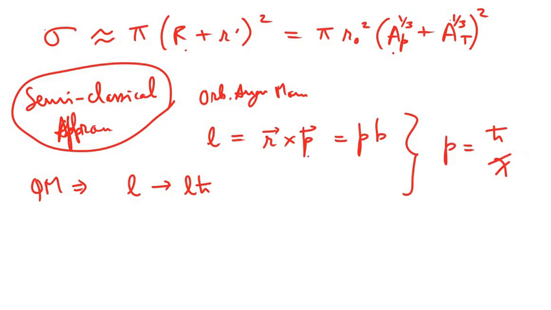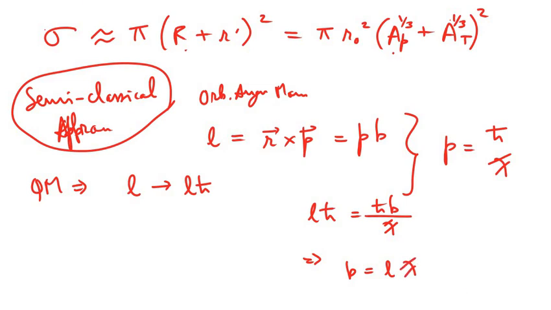So l h cross is equal to h cross b by lambda cross, and this gives us b is equal to l into lambda cross.